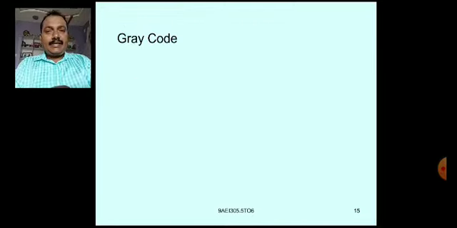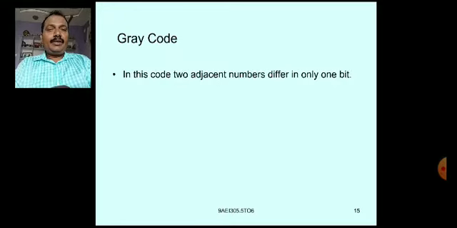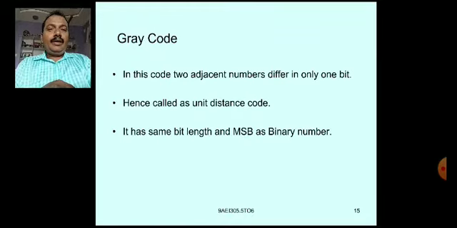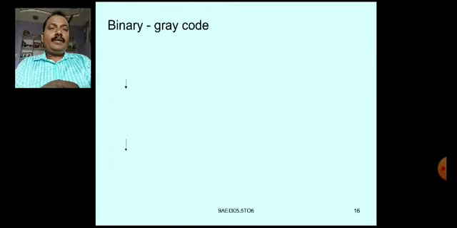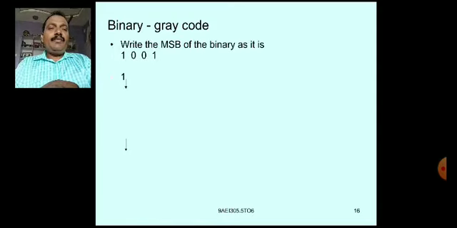Now let us discuss gray code. In this code, two adjacent numbers differ in only 1 bit, hence it is called a unit distance code. It has the same bit length and MSB as the binary number. For example, let us consider binary 1001.